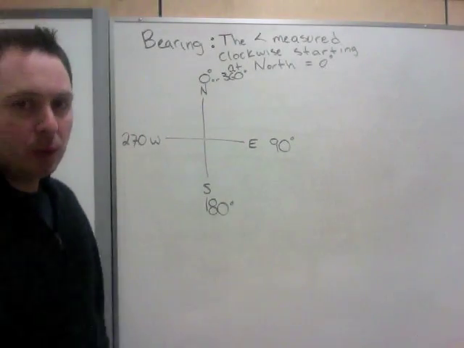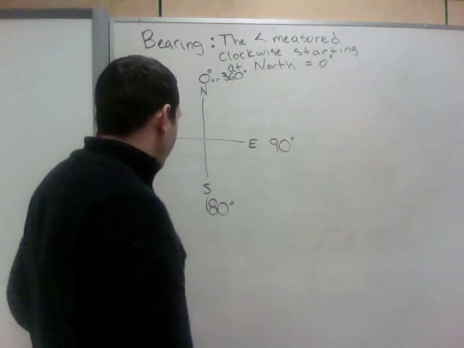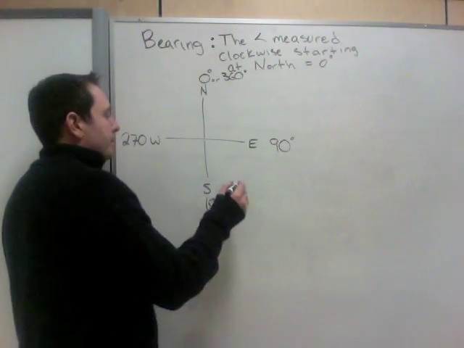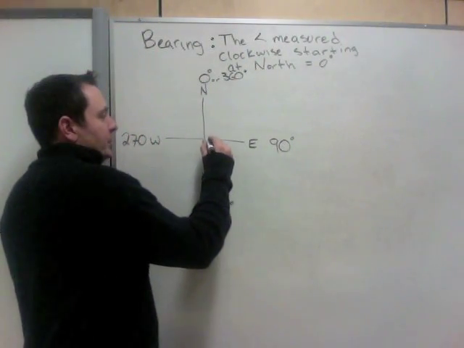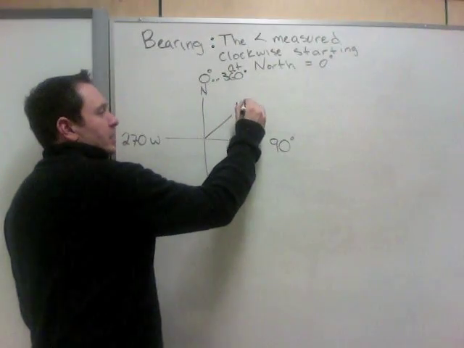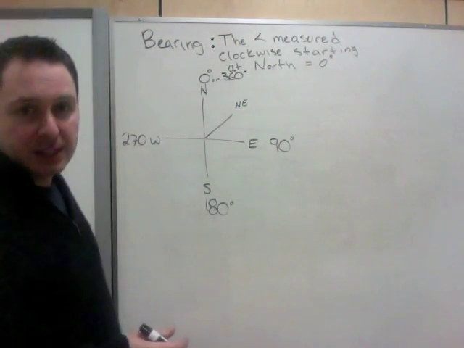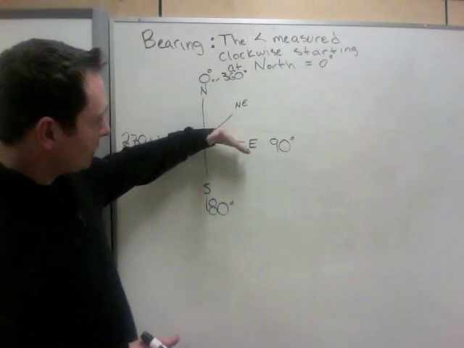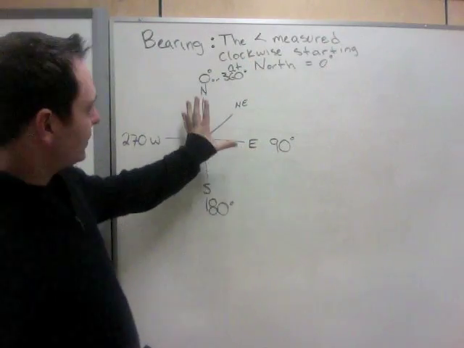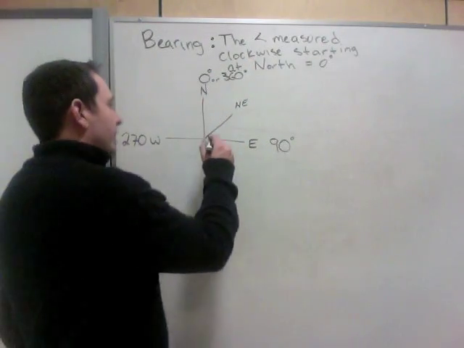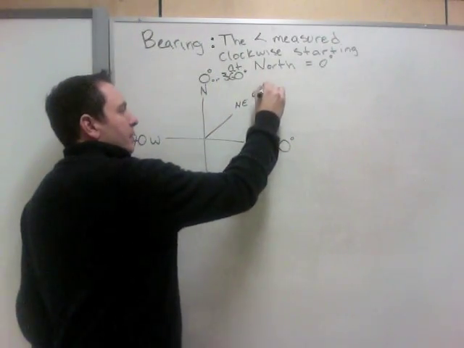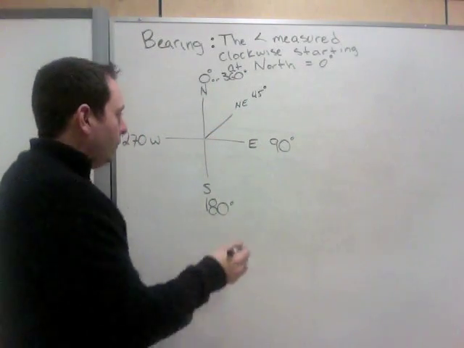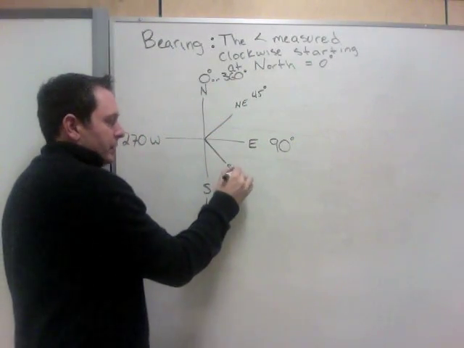The way bearing will work is a question might first say, what is northeast? Well, northeast is directly between 0 and 90. So it's 90 divided by 2, that would be 45 degrees. What is southeast?